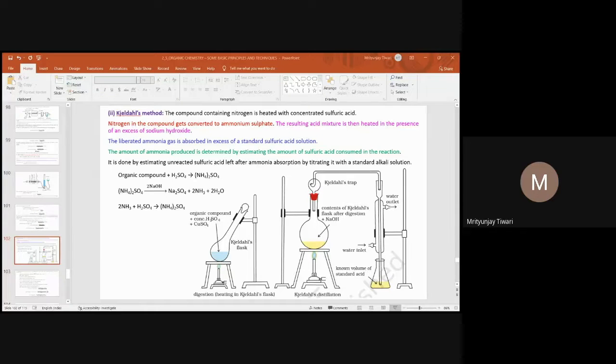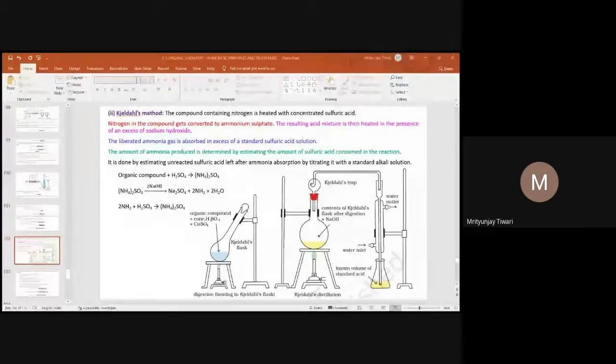We have also taken H2SO4 at another place, but we have nothing to do with the volume and normality of that H2SO4. Only the H2SO4 taken to absorb ammonia, that volume is what we are considering here. So the molarity of the H2SO4 is M, and V1 is the volume that we have taken initially of the standard H2SO4 solution.